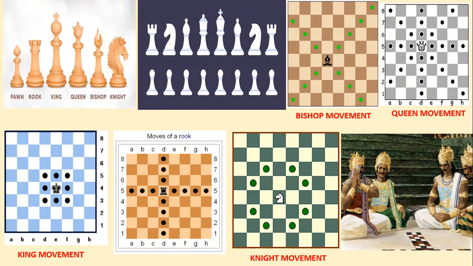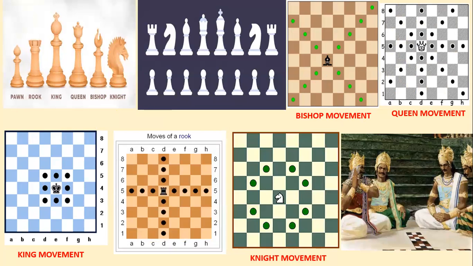The soldier is called pawn, and the elephant is called rook. King is called king, queen, no change of name. And the camel is known as bishop, and the horse is known as the knight. So we have all this along with the pawn.